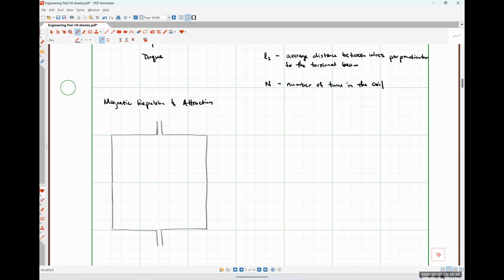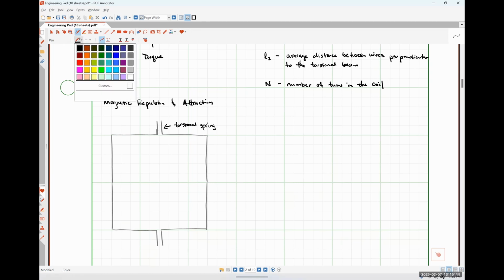Just to be clear here, I've got a torsional spring at the top and also at the bottom. But now I'm going to put, essentially embedded into this thing, yet another torsional spring and a plate, something akin to this.